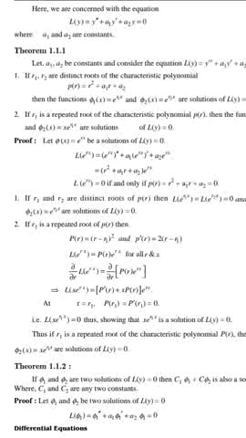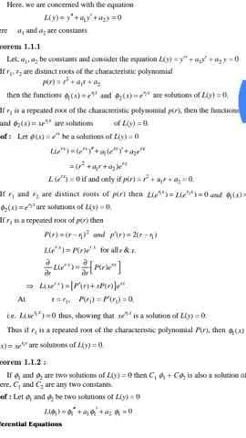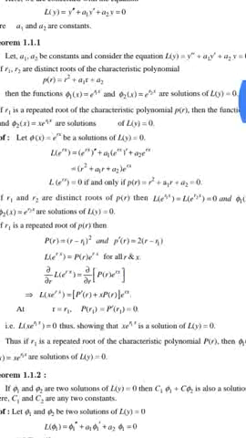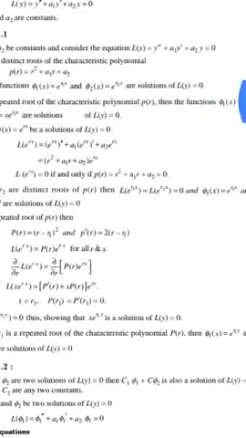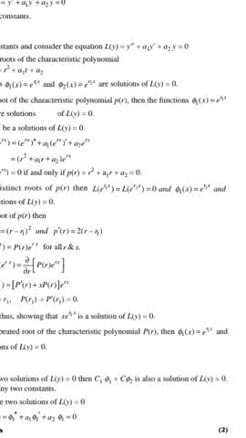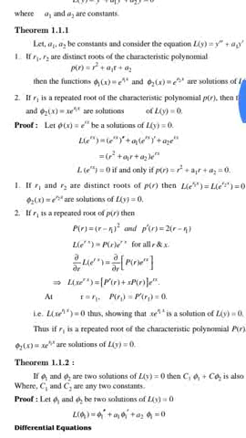If r1 and r2 are distinct roots of p of r, then L of e raised to r1x is equal to L of e raised to r2x is equal to 0, and phi1 of x is equal to e raised to r1x and phi2 of x is equal to e raised to r2x are solutions of L of y is equal to 0.